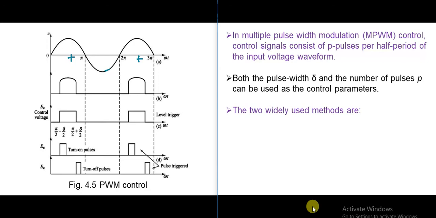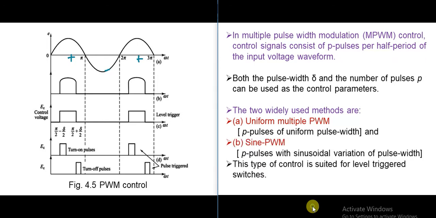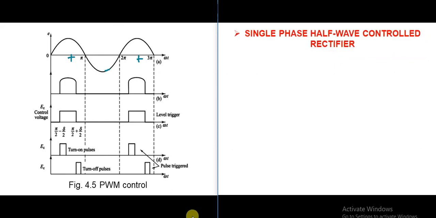The two widely used methods are uniform multiple PWM and sine PWM. This type of control is suitable for level triggered switches.